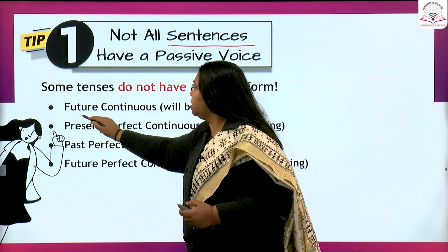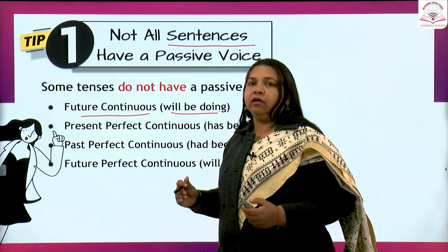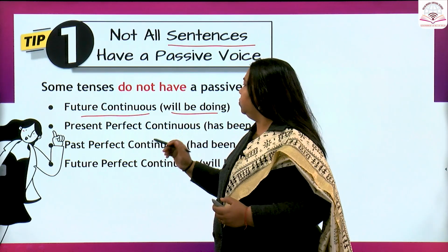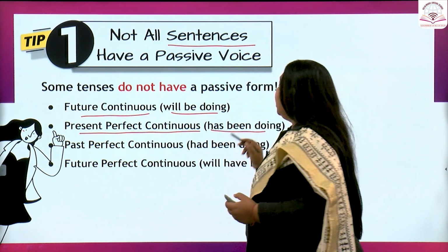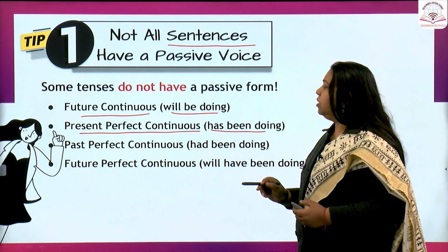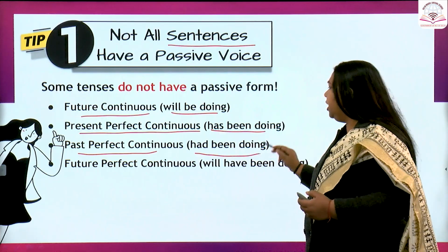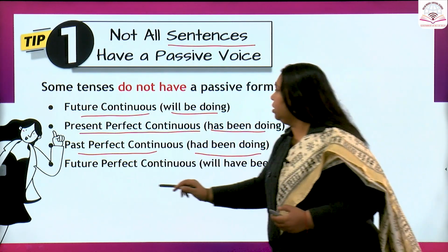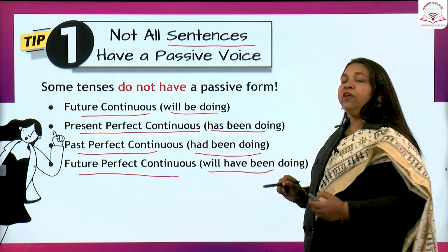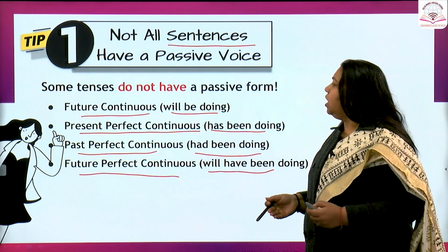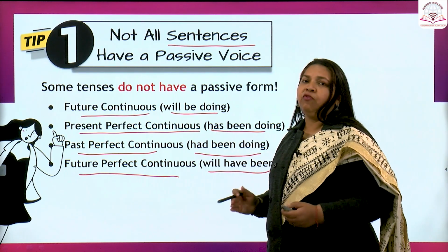Sentences where we use future continuous tense, where will be doing is used, then present perfect continuous, where has been doing is used, then past perfect continuous, where had been doing is used, or future perfect continuous, where we use will have been doing. Now in these sentences, we don't frame passive voice.